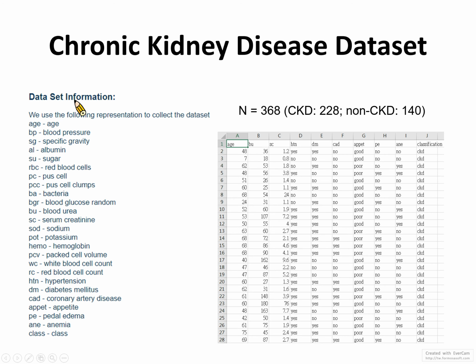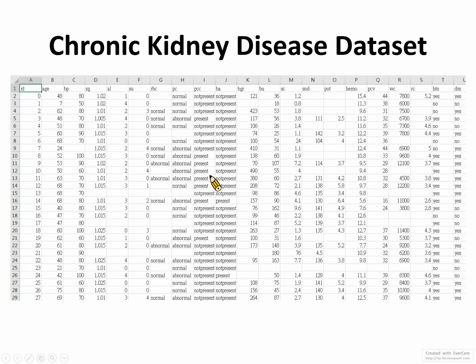And when you look at the website, you should be able to see the explanation of these variables. For example, there is an abbreviation of the variable, and you should be able to understand the meaning behind these variables. Okay, to simplify our workshop today, you should have already noticed that there are some missing values in these data sets.